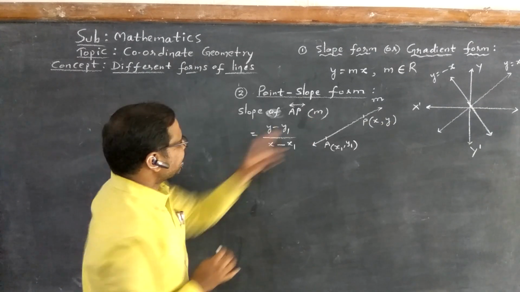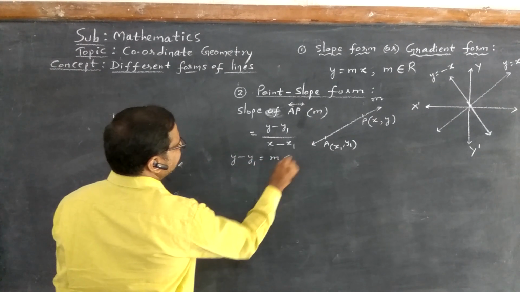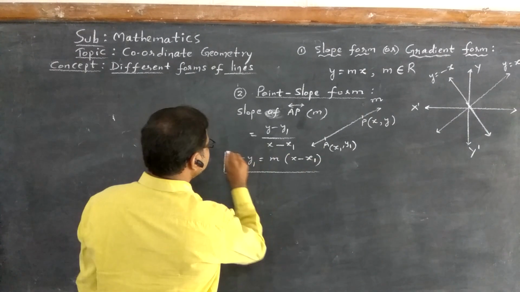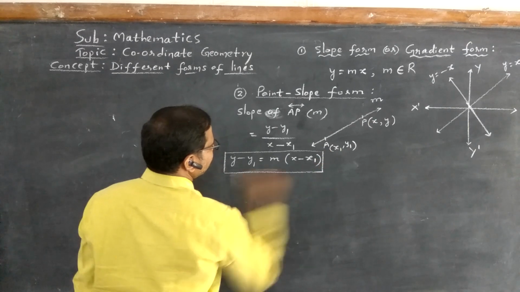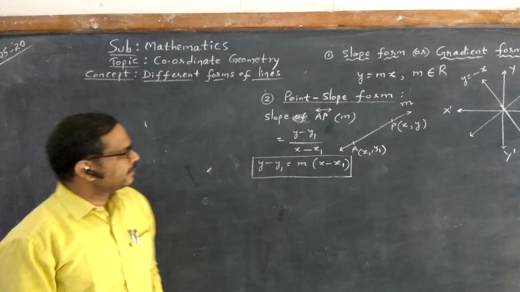So just take cross multiplication. y - y1 = m(x - x1). This is the point slope form of a straight line.